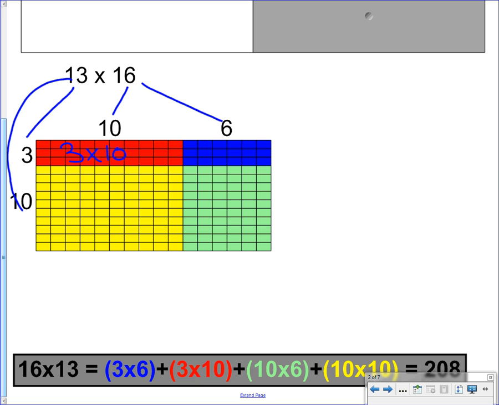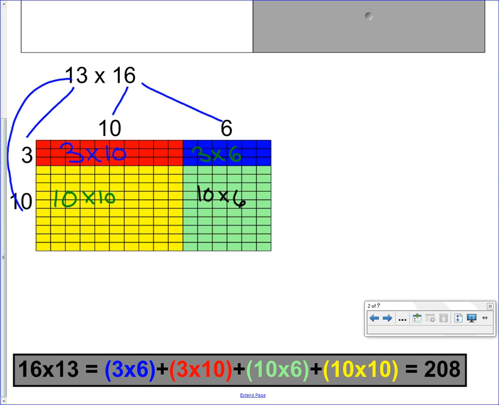And this section right here would be 3 and 6. Over here would be 10 times 10. And over here, we'll use black. Over here would be 10 times 6. And you can see that I wrote those down here at the bottom.